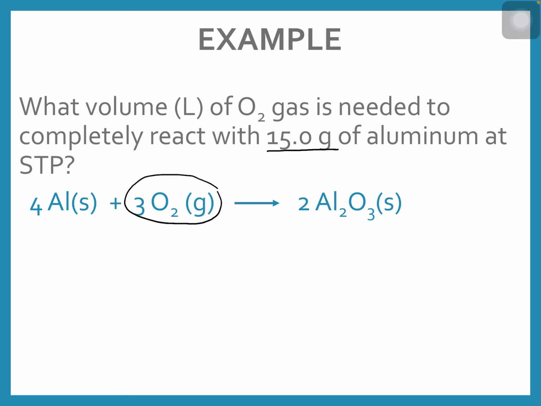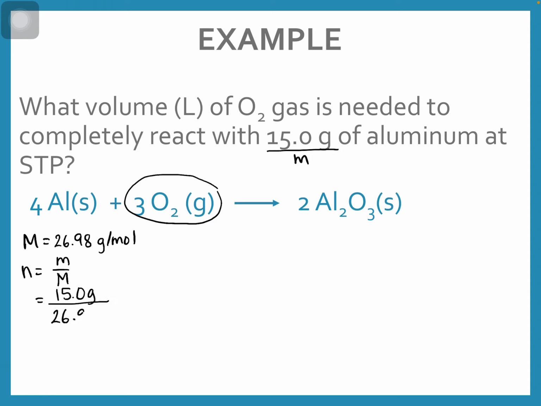So what I have to start with is a mass of aluminum. So I have 15 grams of aluminum. I need to convert that to a number of moles because this is a mole to mole relationship. So I need to figure out how many moles 15 grams of aluminum is, which means I need its molar mass, so 26.98 grams per mole, and then my number of moles is equal to mass divided by molar mass, so 15.0 grams divided by 26.98 grams per mole.